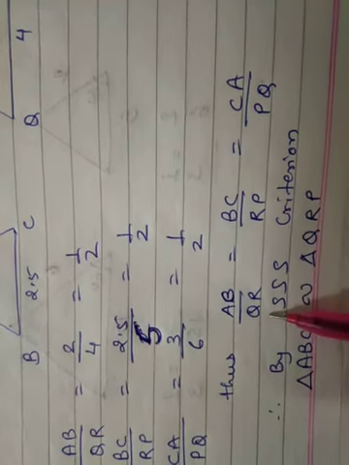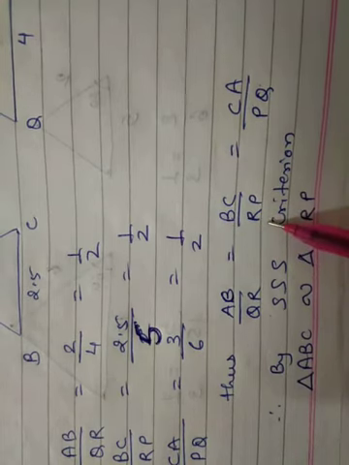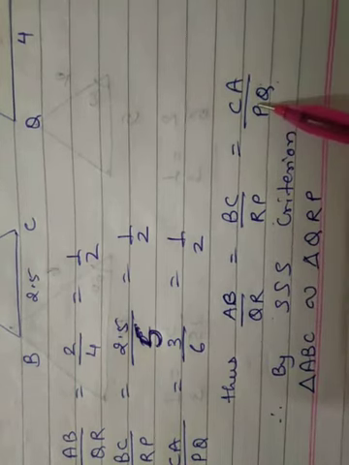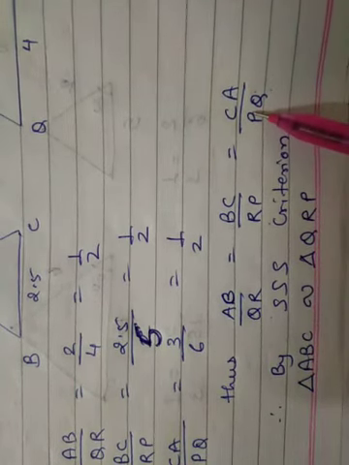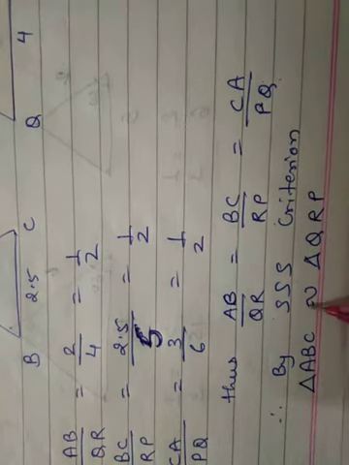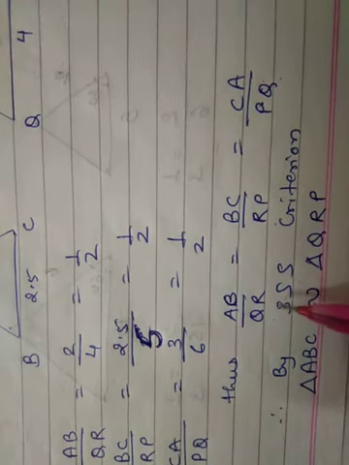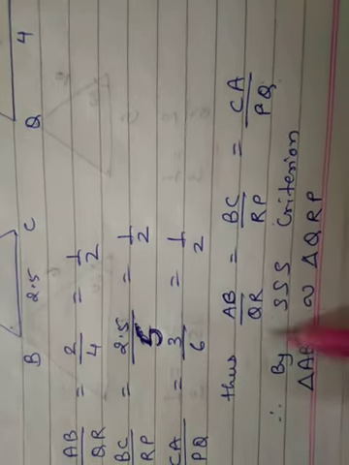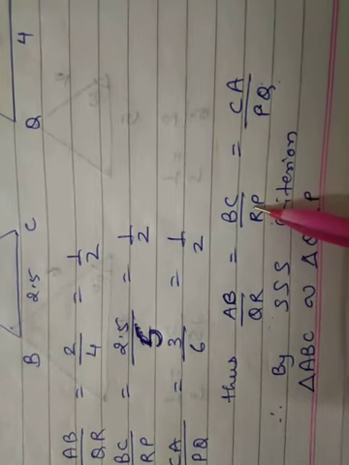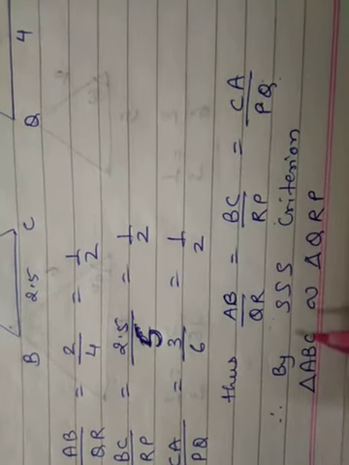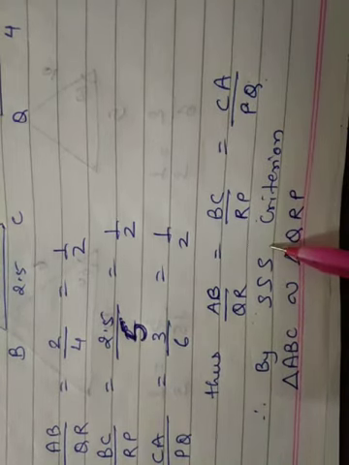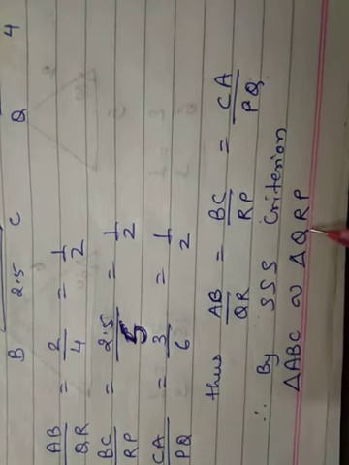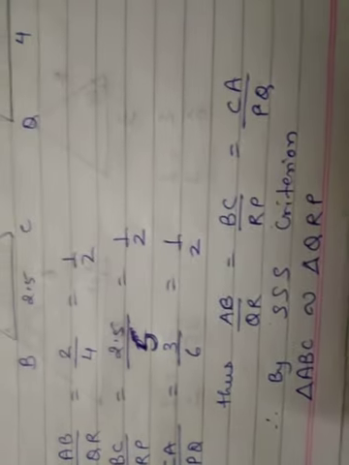So AB upon QR is equal to BC upon RP, which is equal to CA upon PQ. Since all three ratios are equal, I have one more shortcut criterion: if all three sides of one triangle are proportional to all three sides of another triangle, then by the SSS criterion, we can say that triangle ABC is similar to triangle QRP.